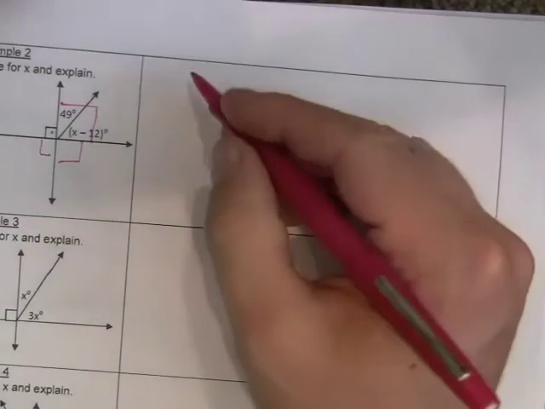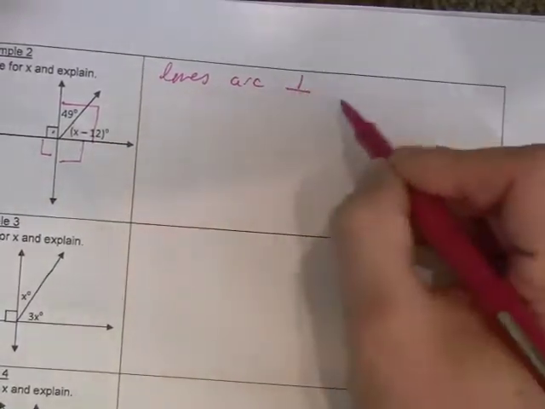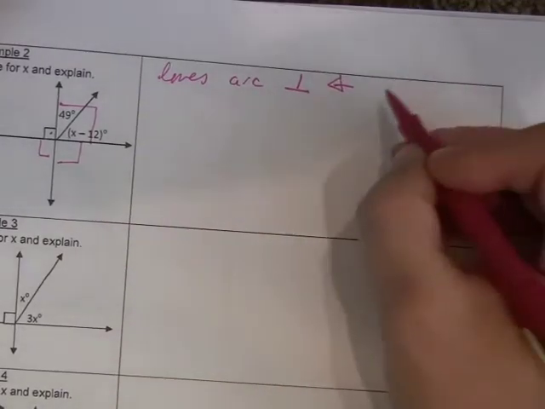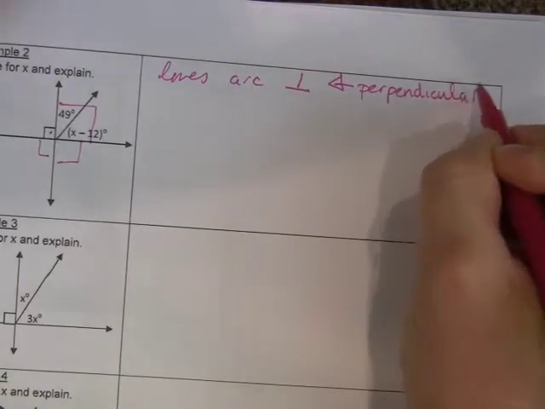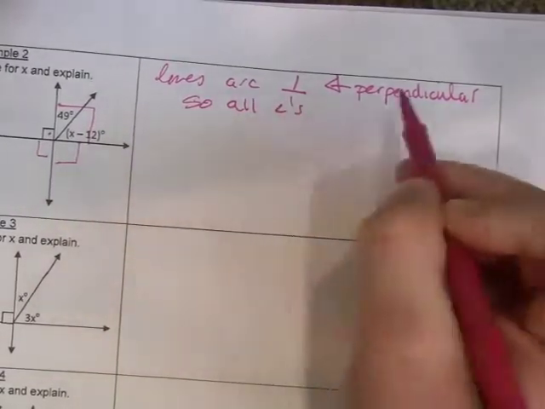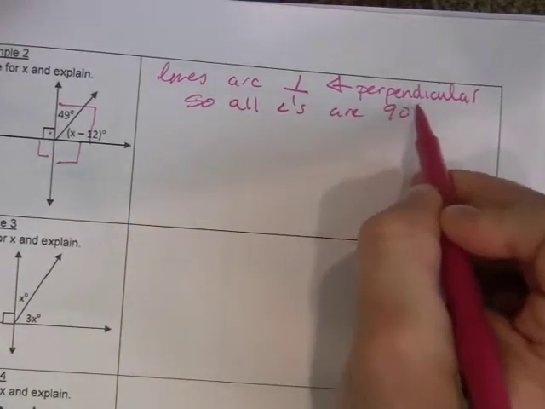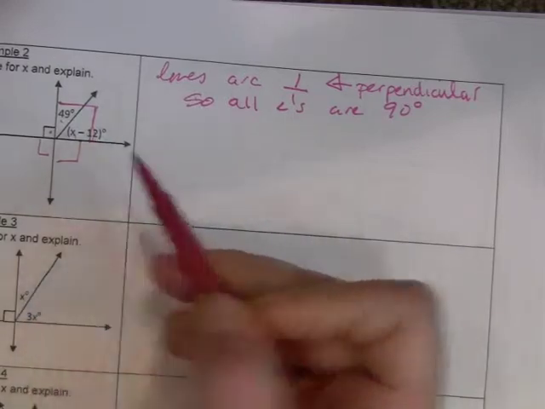That's the symbol for perpendicular, by the way, an upside down T. So all angles are 90 degrees, so everything here would equal 90 degrees, that section.